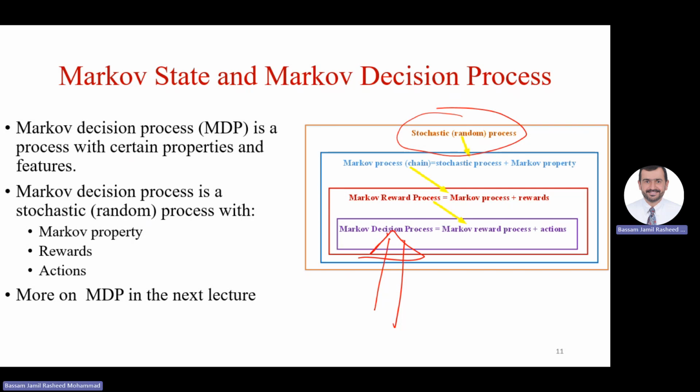So we start with the stochastic process, and then we assume that we have the Markov property, which means the state that I am in is enough information for me to know the present, and I do not need the past. This is very beautiful as far as computer science and engineering is concerned. Reason: I don't have to have all these moves.